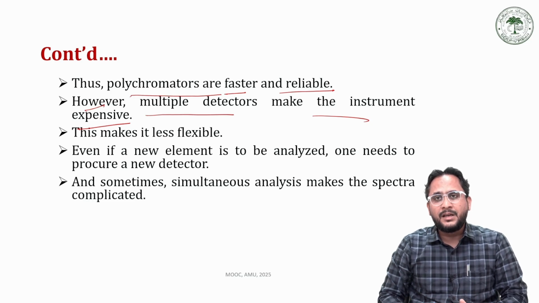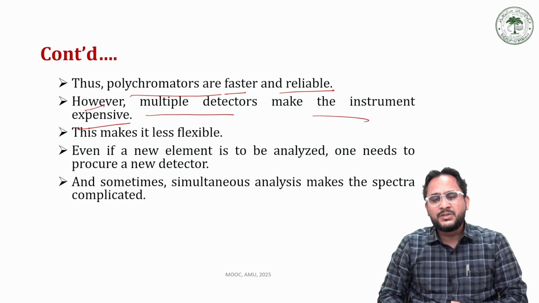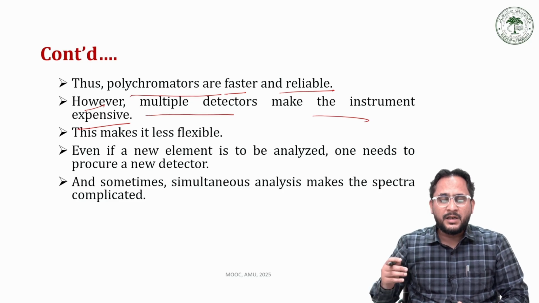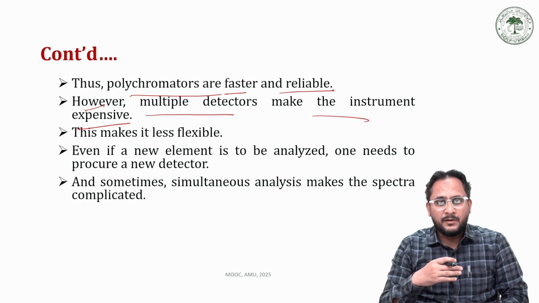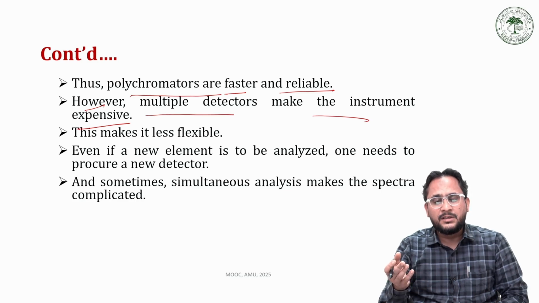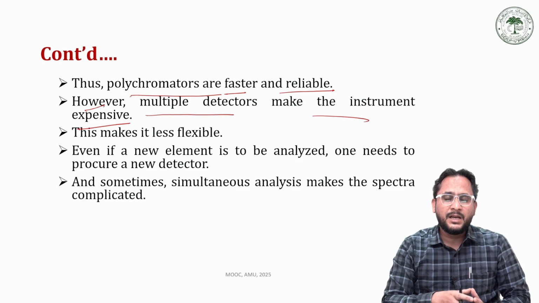But for a multiple analysis system, we need these polychromators, where we have polychromators that are placed on a Rowland circle, or those polychromators that use an echelle grating and a prism, which narrow down the light to a greater extent, that passes through a plate aperture and is finally detected by multiple PMTs, so that at a time we can have multiple element analysis.